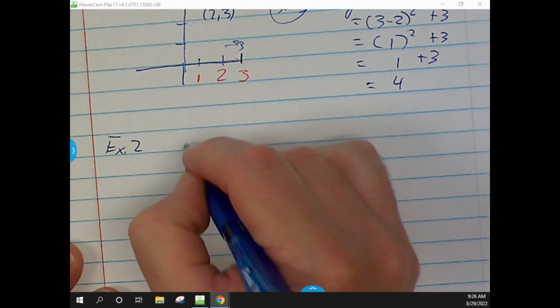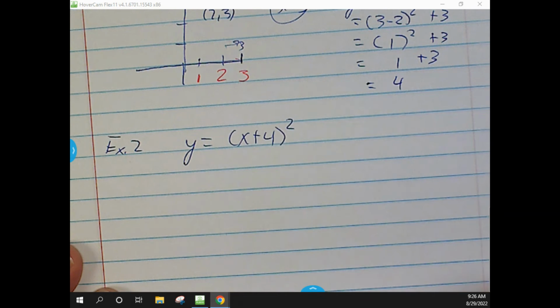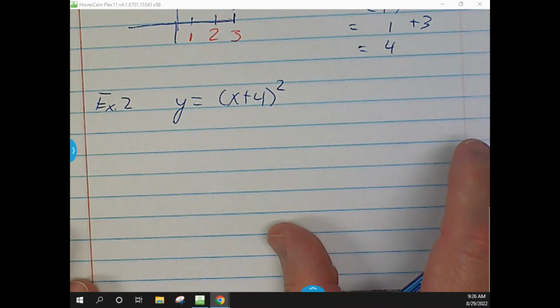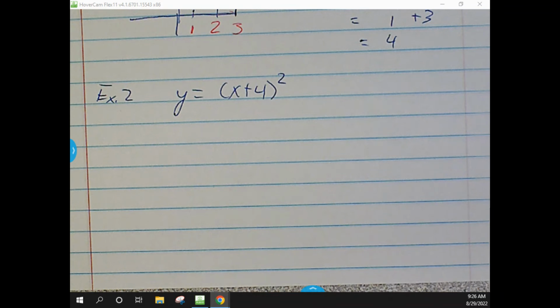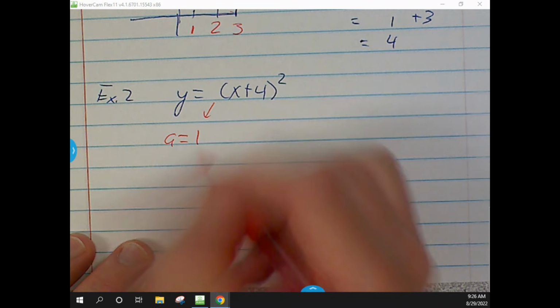All right, so let's go with y equals (x plus 4) squared. All right, so let's get all the basic stuff out of the way here. A value is 1.